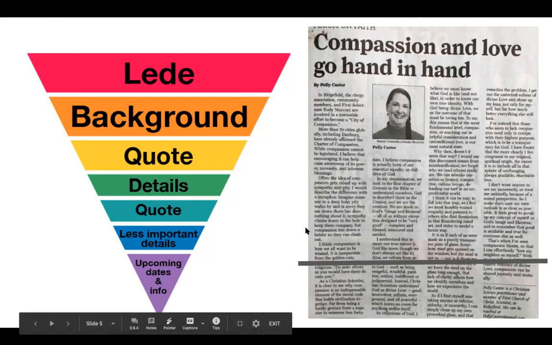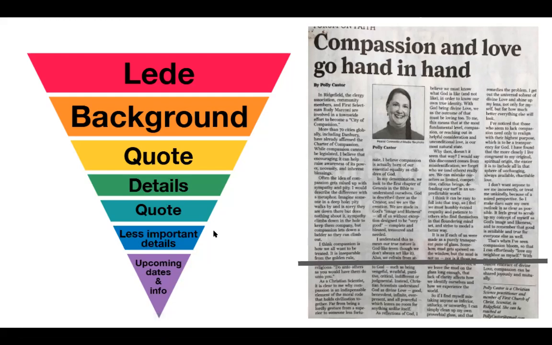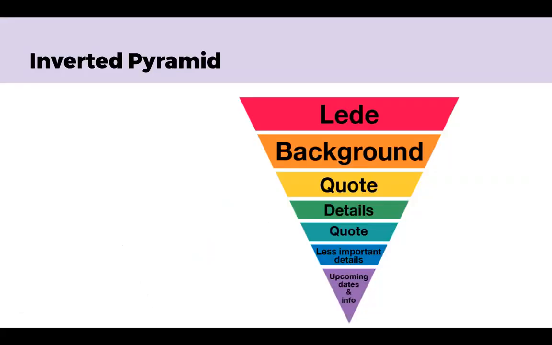And how are you going to do that? Well, the inverted pyramid allows us to really just chop off, kind of like that. If we just want to chop off the less important information, that way our reader can still get a good feature story, still be able to understand everything that's going on, but we can chop off that last section. So that's why we as journalists write in the inverted pyramid in the first place.